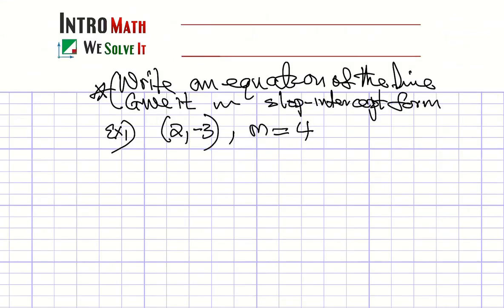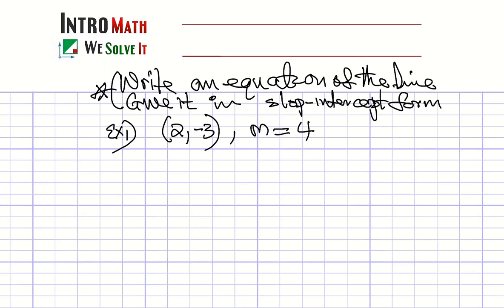Alright folks, let's solve some examples. You see this one here, you're given a point and you're given a slope. Basically what they want you to do, they say write an equation of the line, a linear equation, and then give that linear equation in slope-intercept form. We covered that in the past, so there's nothing to be scared of here.